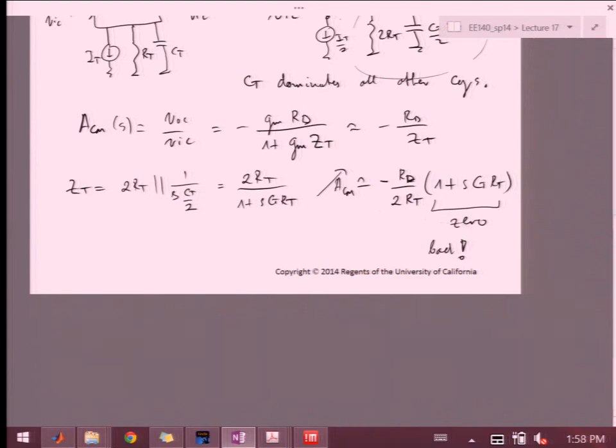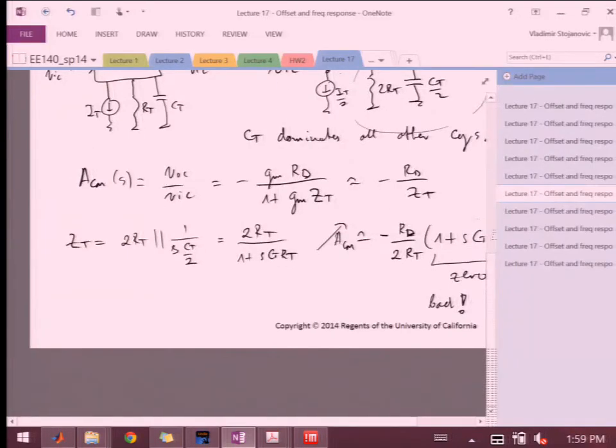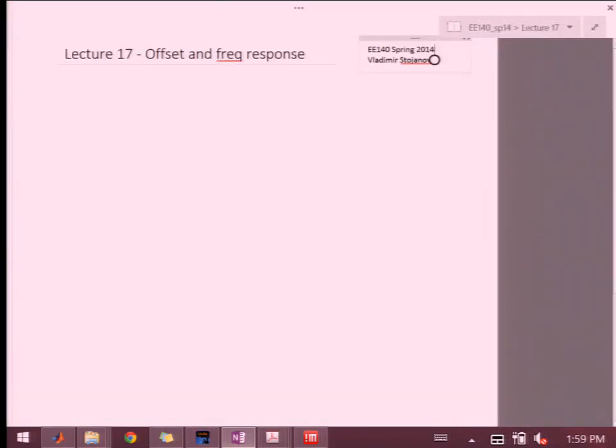Well, zero means that at some frequency I'll actually start ramping up, right? Or my frequency response looks something like this.